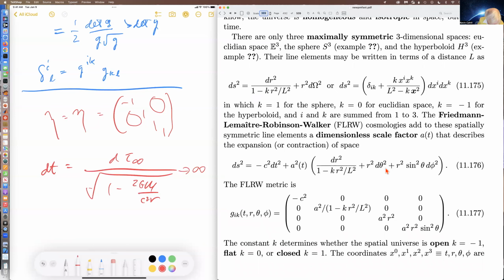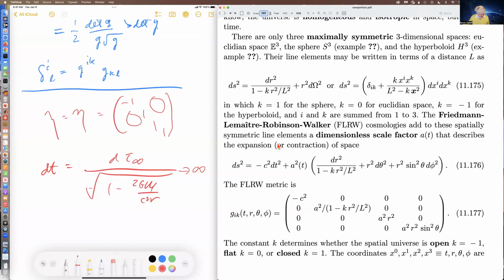This is a 3-surface that's actually embedded in a 4-space with 1 time dimension. Anyway, the line elements of these, or the invariant distances of these, are given by dr squared over a certain quantity, which can become 0, plus r squared d omega squared.